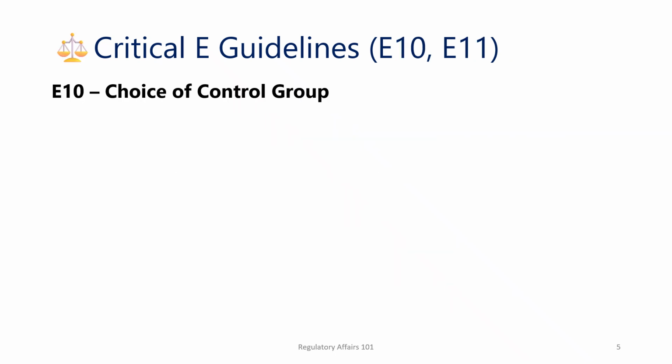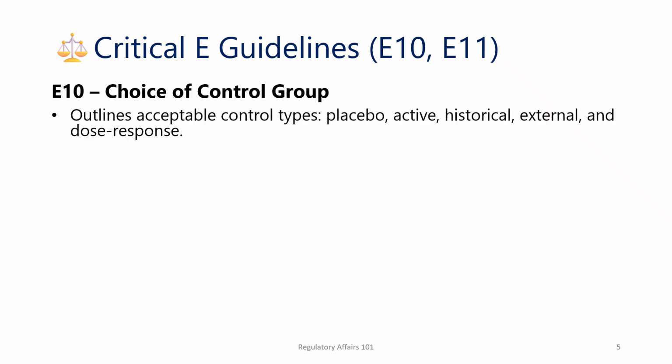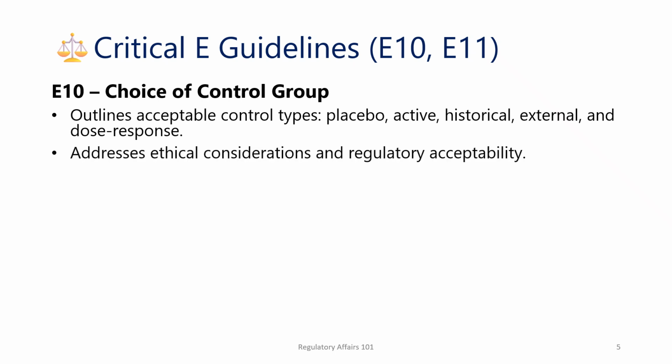E10 outlines acceptable control types: placebo, active, historical, external, and dose response. It also addresses ethical considerations and regulatory acceptability. This guideline is frequently tested because control selection directly affects trial validity.